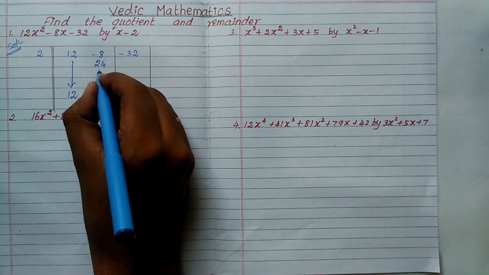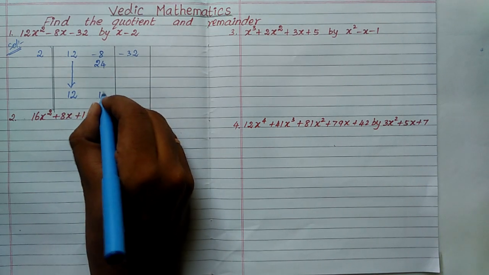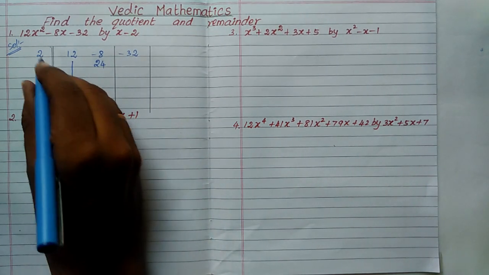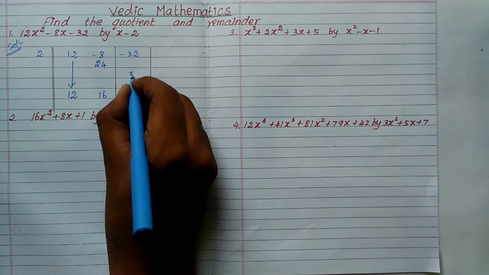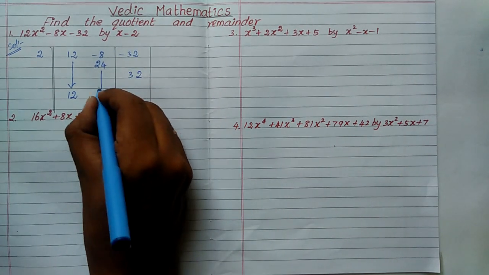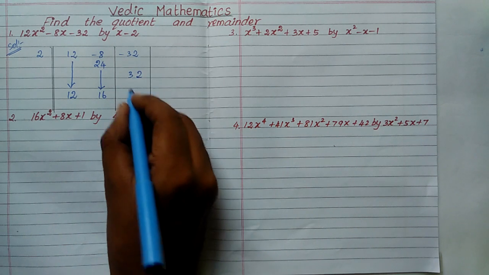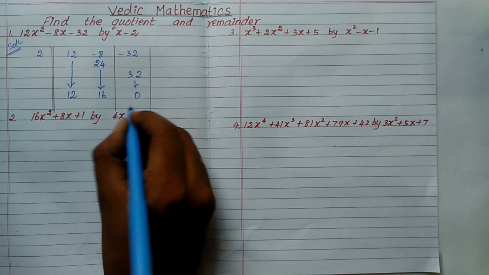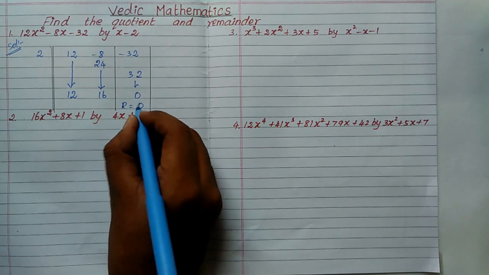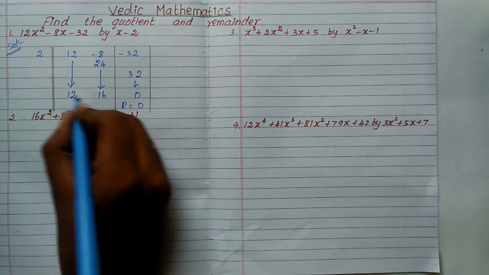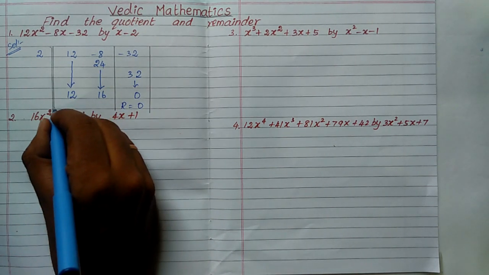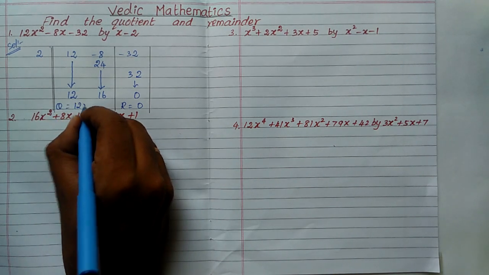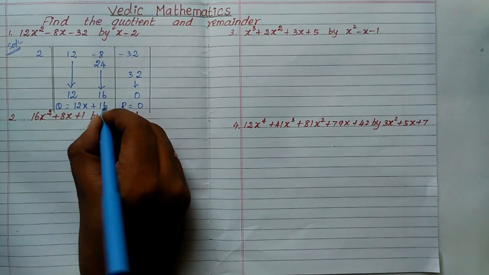So minus 8 and 24 is 16, and 16 into 2 is 32. Now minus 32 plus 32 is 0, so the remainder is 0. Here, constant and x, so the quotient is 12x plus 16.